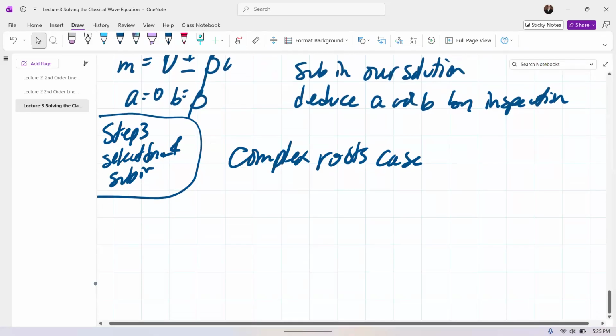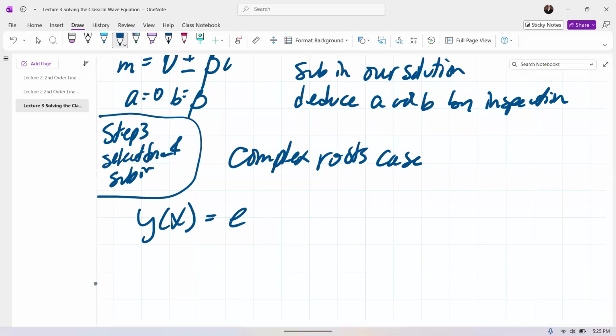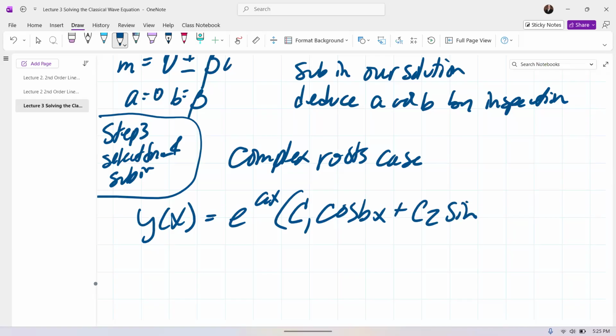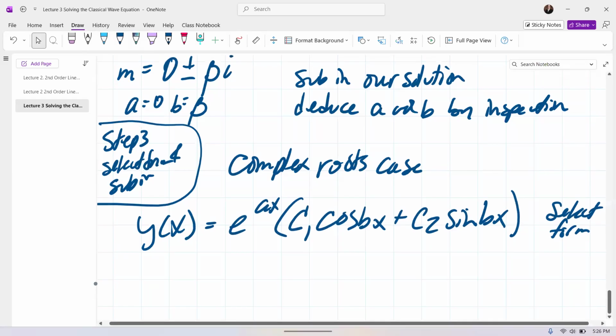And the correct form is this one: y of x equals e to the ax times c1 cosine bx plus c2 sine bx. And this is just select the form. Okay, now we're going to substitute in a and b. So a equals 0 and b equals beta.